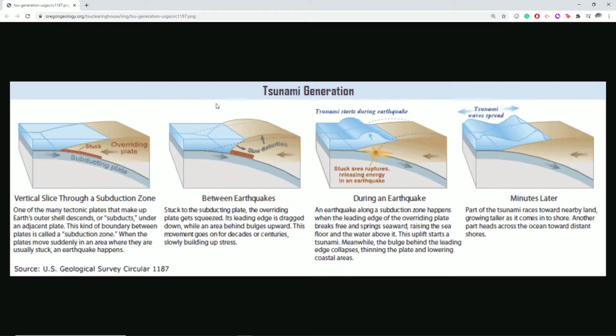And since the distance between the sea level and the ocean floor is getting smaller and smaller as it comes up to shore, the under part is slowing down, but the top part isn't changing.